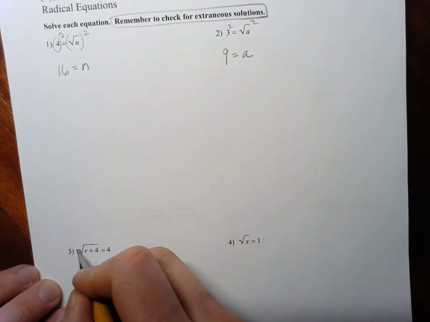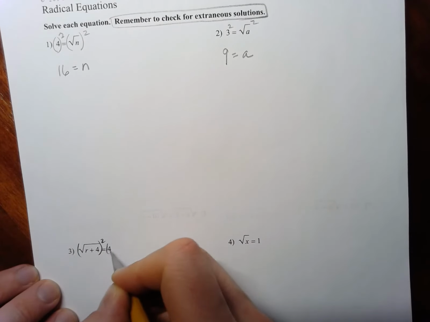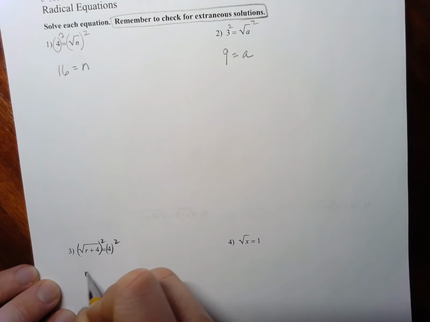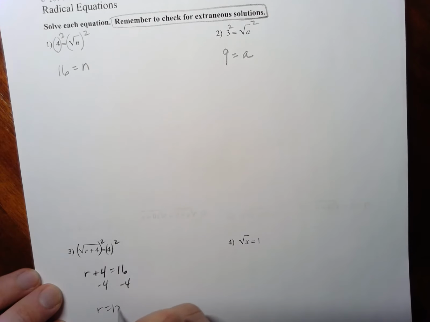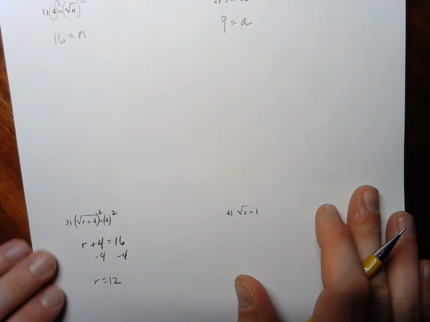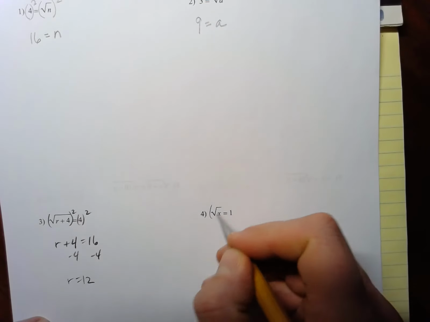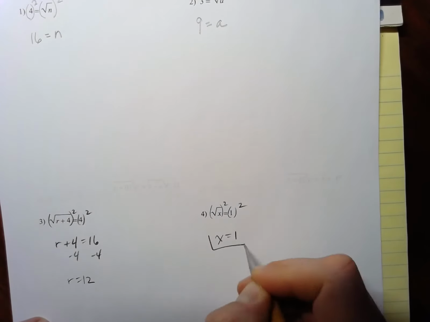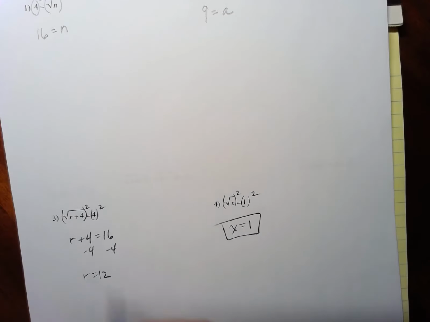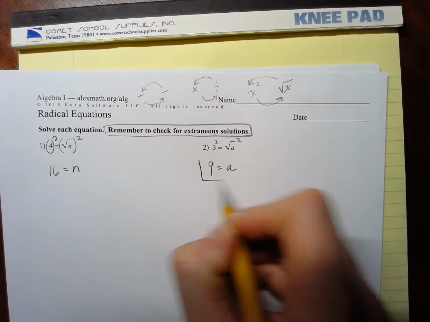Here, we're going to square the entire thing and square the entire thing. We get r plus 4 and 16, subtracting a 4, and we get r equals 12. Here again, just squaring, just kind of getting warmed up. Okay, and I should box all of these in.